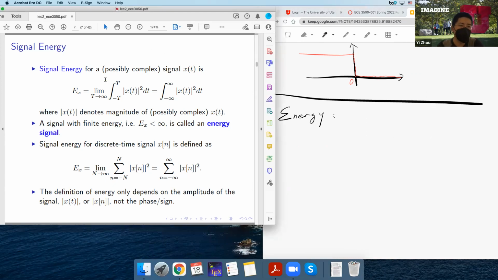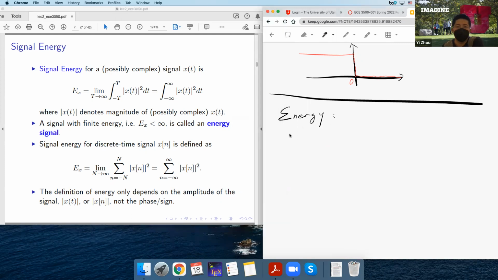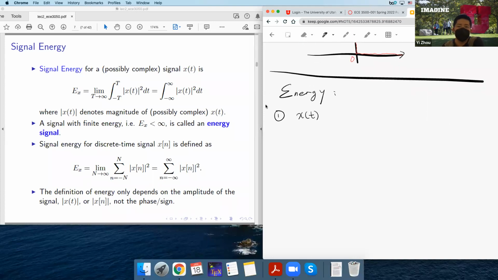Okay, the energy is defined as follows. Let's look at the continuous time signal x(t) first. The energy, we write as capital E subscript x, meaning the energy of x, is defined as, here's the definition.